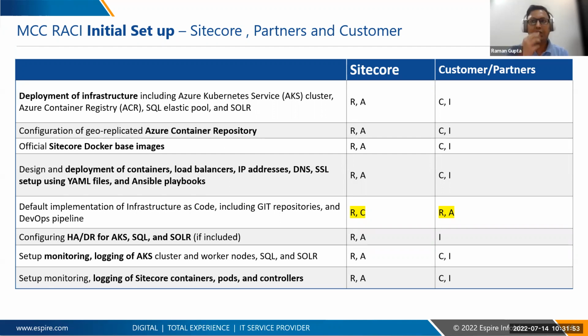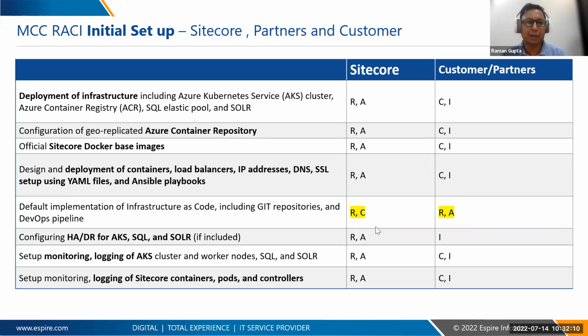So during initial setup, when we request Sitecore to set up a managed cloud for us, you will see here that for most of the components, Sitecore is responsible and accountable, whereas customers or partners are just consulted or informed.